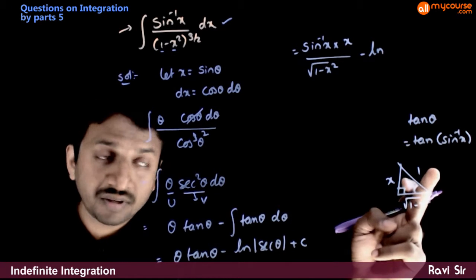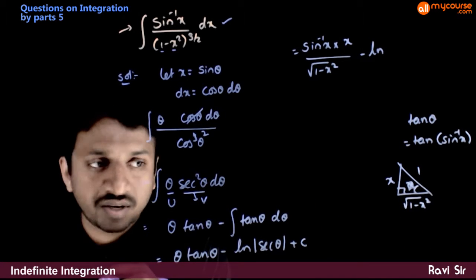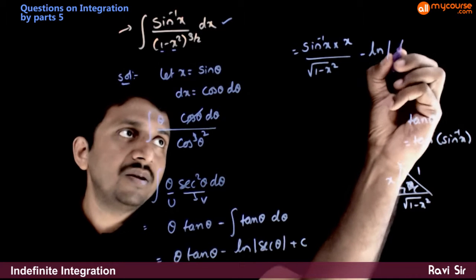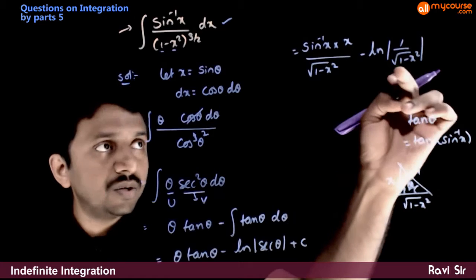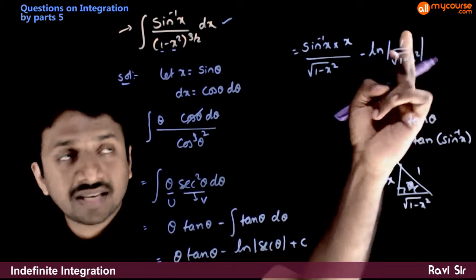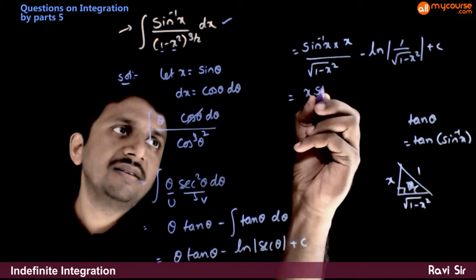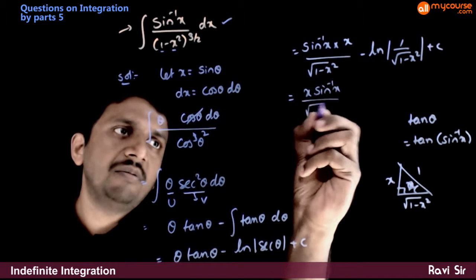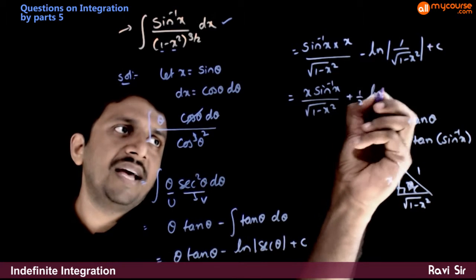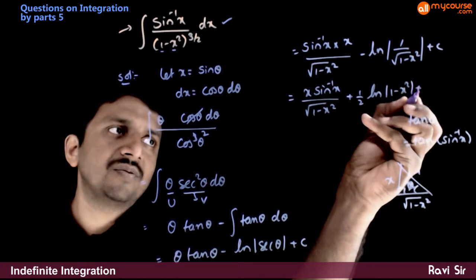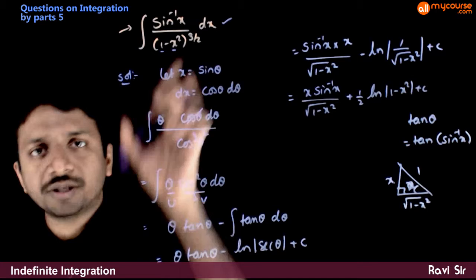So secant theta becomes 1 by root of 1 minus x square, so this is (1 minus x square) whole power minus half. If that comes out, you get x sine inverse x by root of 1 minus x square plus half ln mod of 1 minus x square plus c. So this will be the integration of this function.